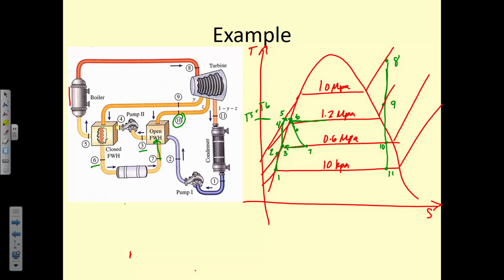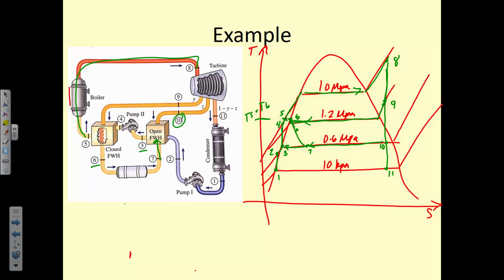Okay. So we go 1 to 2, 2 to 3, 3 to 4, 4 to 5, 5 to 6. But from 5 we also go to 8, like that. And then some of the flow from 7 is combined with flow from 10. And some of the flow from 9 is combined with flow from 6.